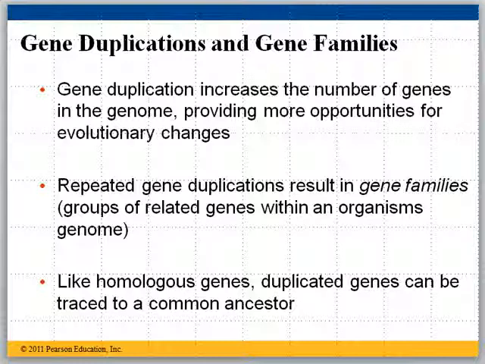Repeated gene duplications result in something that we call a gene family, basically a group of related genes within an organism's genome. So oftentimes you'll have these duplication events occur multiple times, and these duplicated genes become like a family. They are obviously related in a way, if you want to talk about genes being related to one another. Like homologous genes, duplicated genes can be traced to a common ancestor.